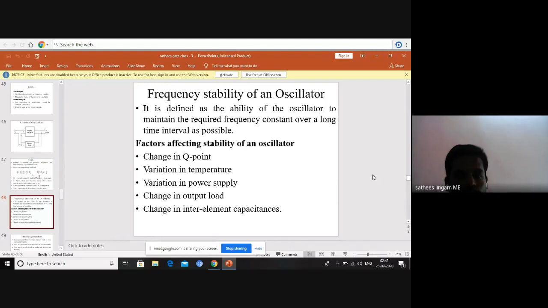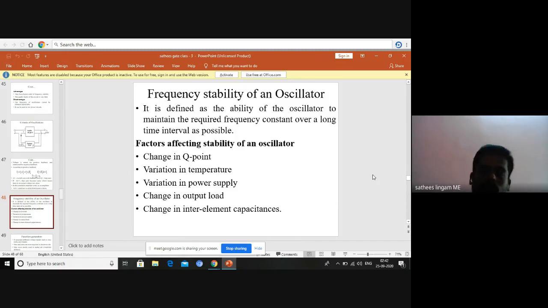If you use a stabilizer, you get a constant 230 volts at the output side, which is mostly needed for our televisions and electronic components. Similarly, oscillations should sustain a particular value even though it fluctuates, which is called stability. Here, it is the frequency that is maintained as constant.